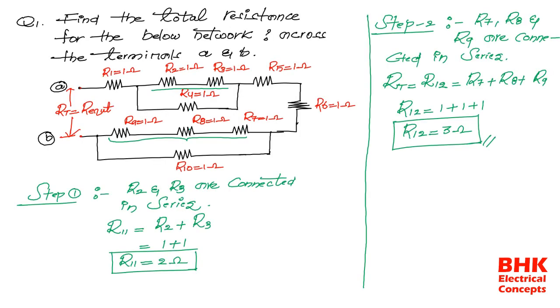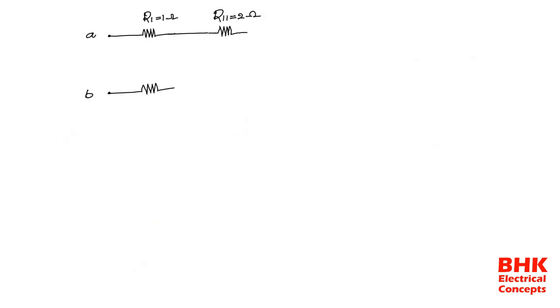Just see here. So this one is R5. After this one we have another resistance, that is R5. R5 is also 1 ohm. Now what is the next one? R6. So R6 is connected here, and R6 is also 1 ohm.